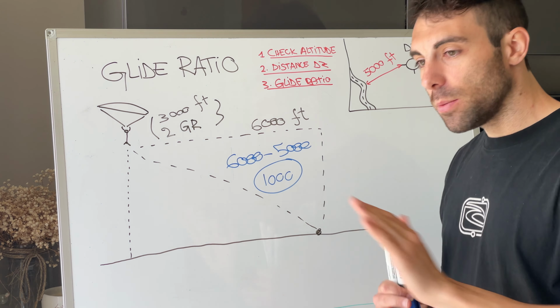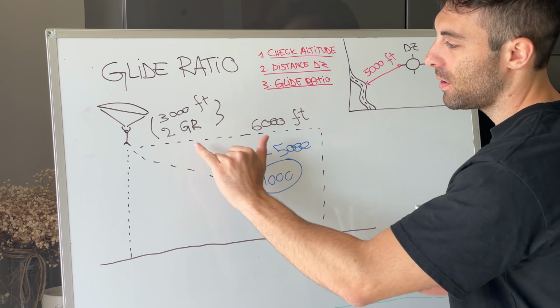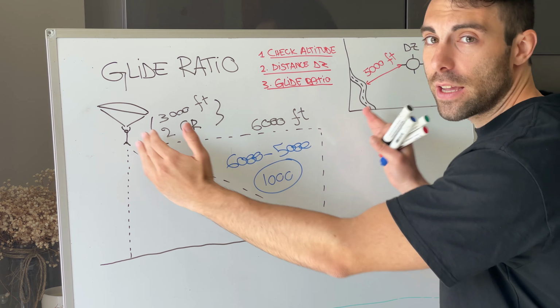So if the wind pushes you, this distance is gonna get higher and higher. So you will end up with having a higher glide ratio. Second, if you have no wind, or even if you have wind but that's not enough, you've gotta start looking for a safe spot where to land, of course.